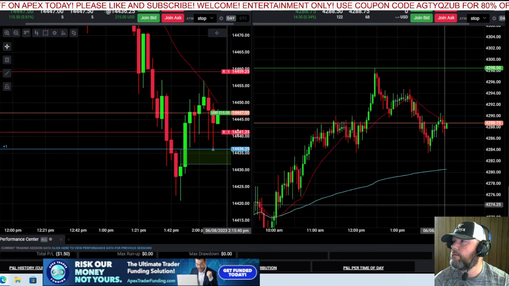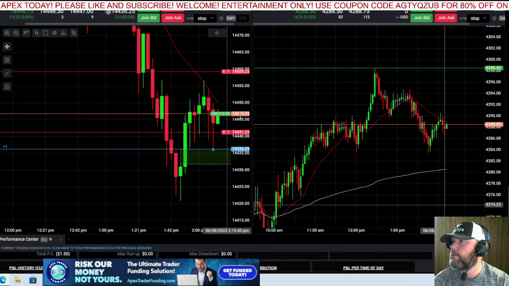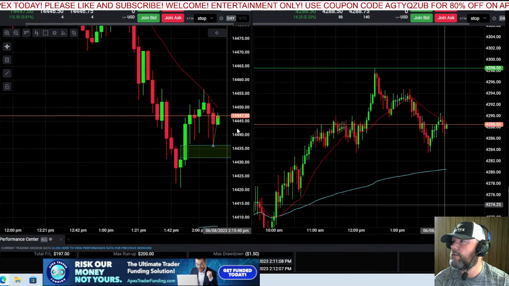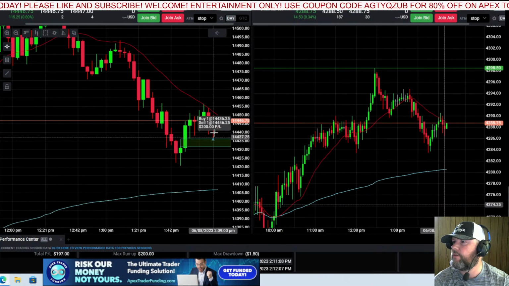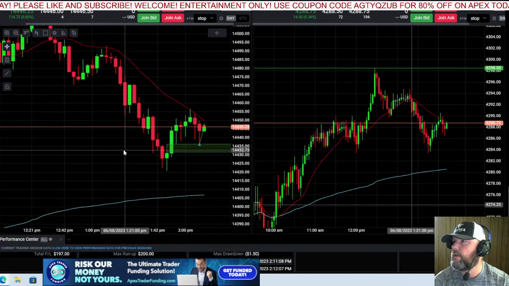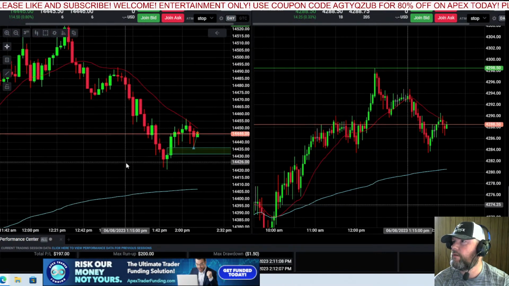All right, getting a little more here. Lock in a little more. 10 handles now locked in. There we go. We're approaching that 20 SMA, so not 100% sure about it, but that's a quick $200 there on this new account. First trade.